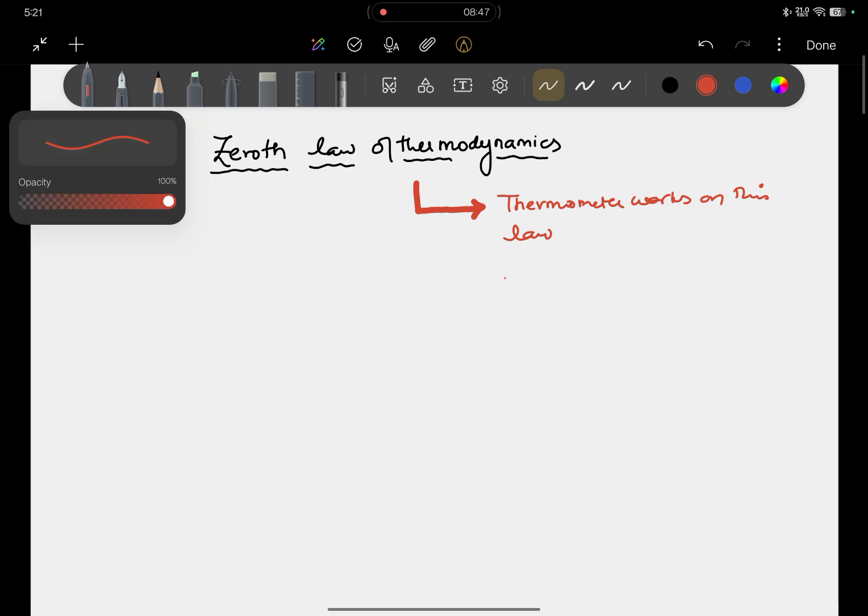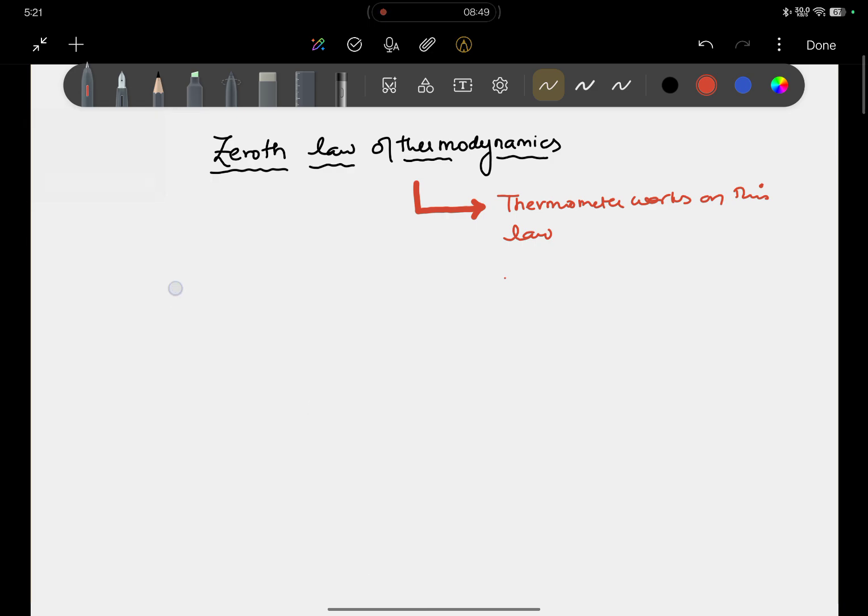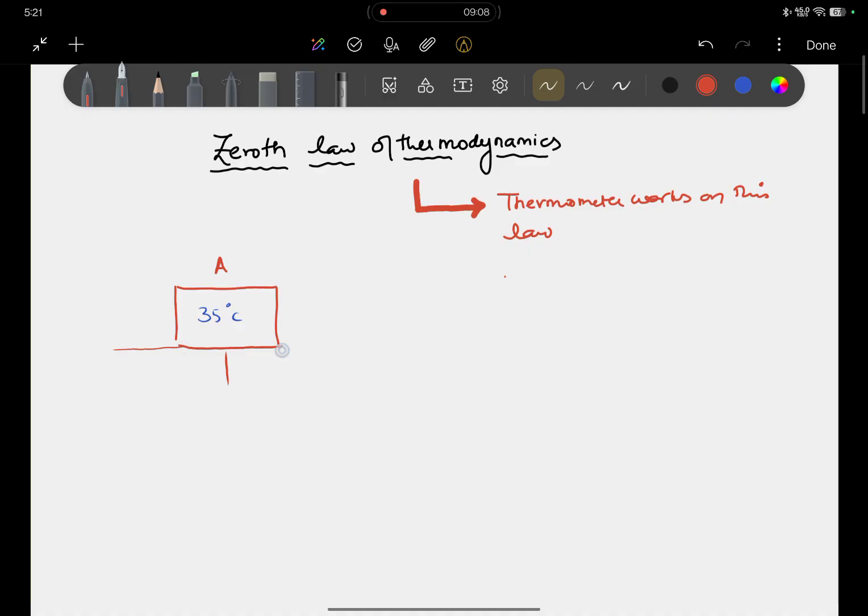Very simple. Let me take a body called A. Let me say the temperature for this is 35 degrees centigrade. B is here, C is here. Now what will happen?